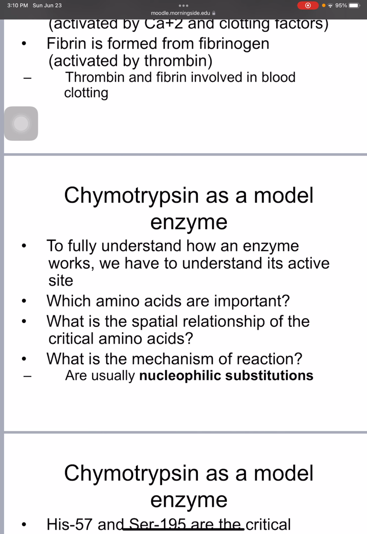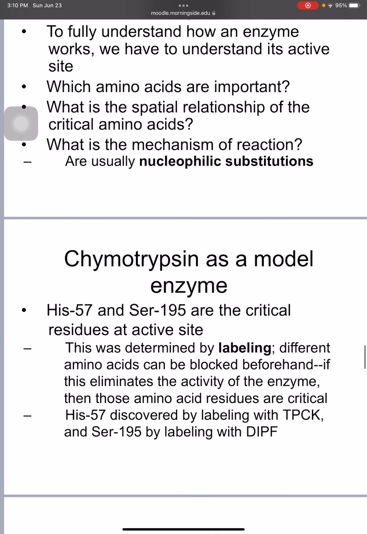All right. So, chymotrypsin. First of all, when you're trying to figure out what's happening with an active site, you've got to know which residues are the really important ones, right? Whenever you make an active site, of course, there's going to be a little pocket of amino acid residues. Usually, there's just certain ones that are really key to actively making the reaction go, right? How do you figure out which ones?